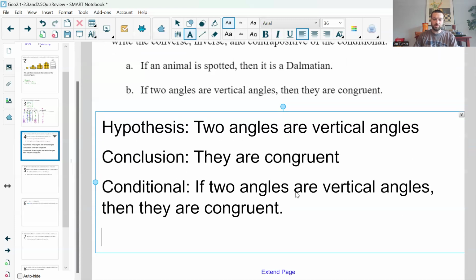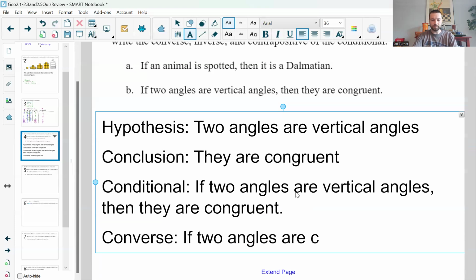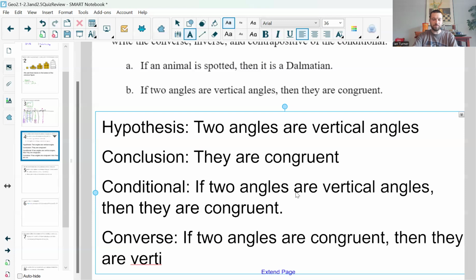So even when we do the converse, we don't completely flip it. We don't say when they are congruent or if they are congruent. We don't know what they are. They are the two angles. So we can say if two angles are congruent, then they are vertical angles. So we kept our subject at the start.